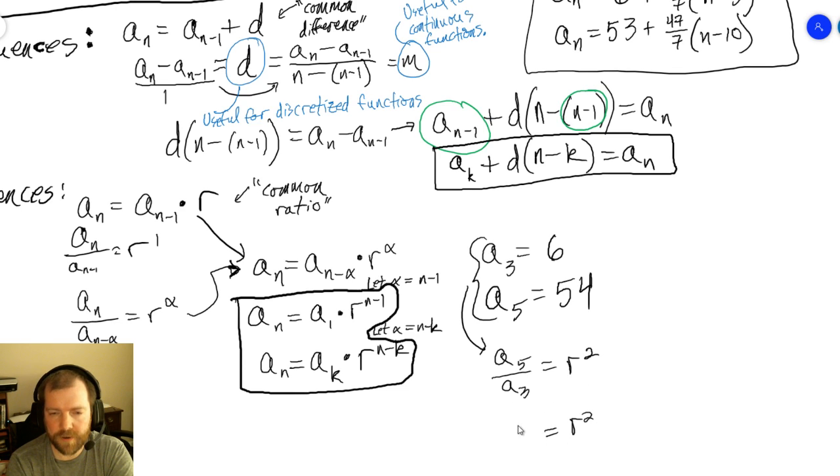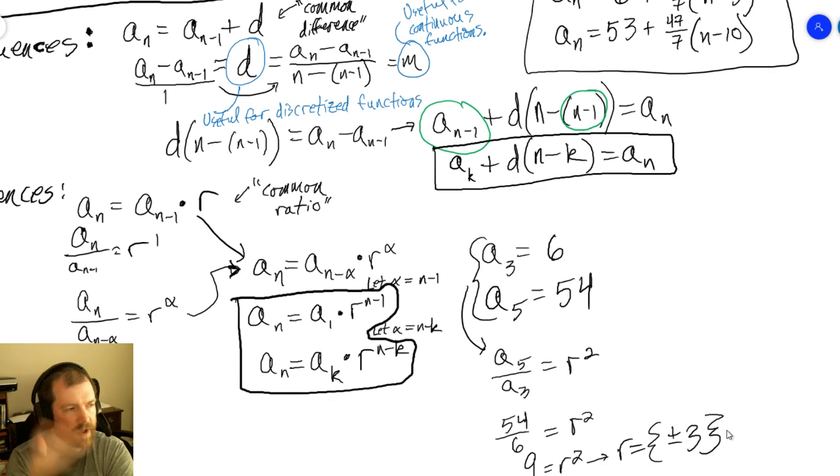Potentially r squared could be either r squared is going to be equal to 9. So then r could potentially be either plus or minus 3, which usually we can decide, you know, it's going to only be positive, or we can have negatives as well.